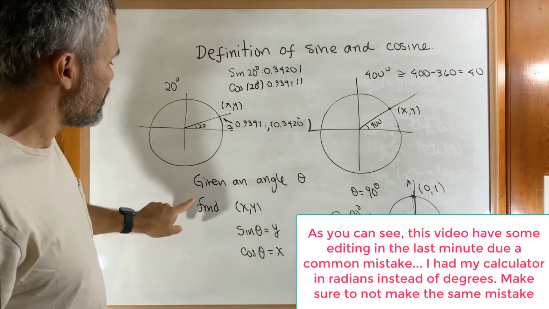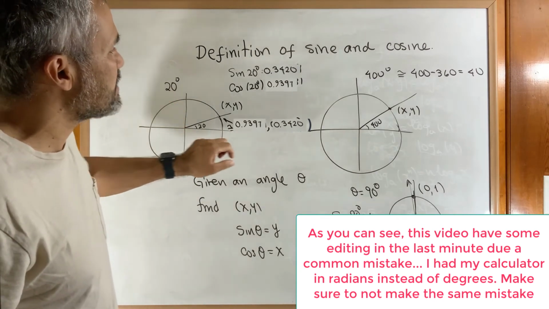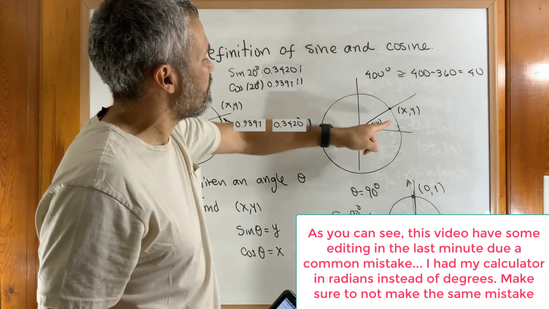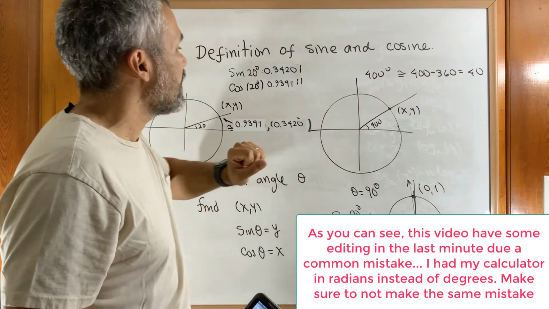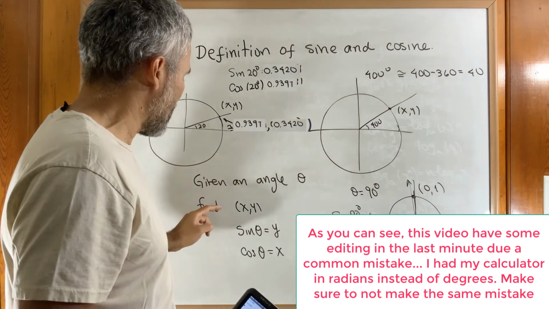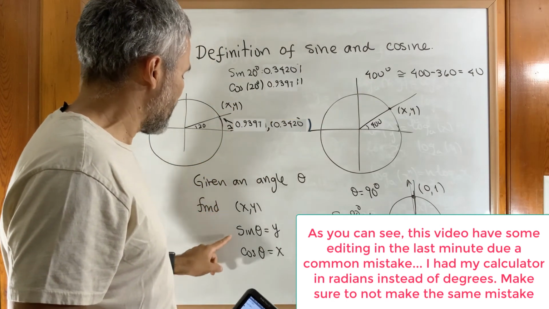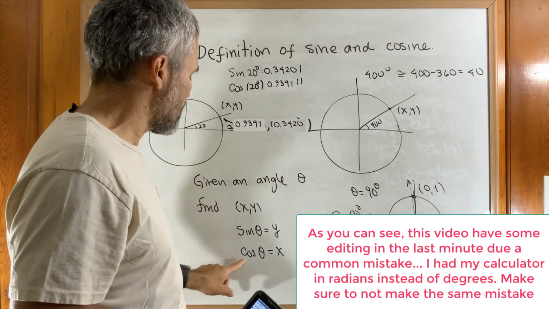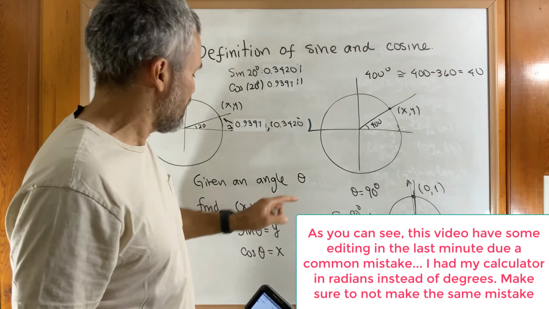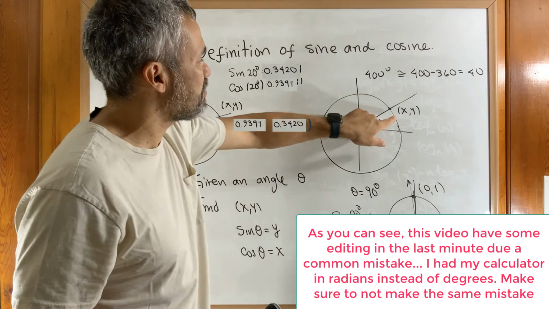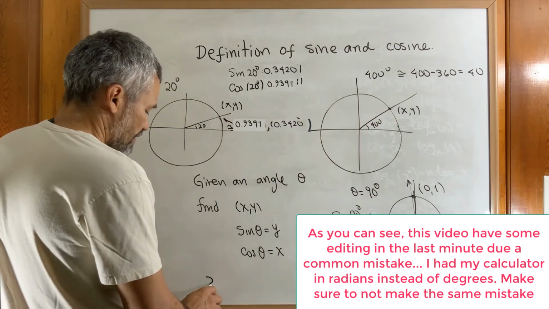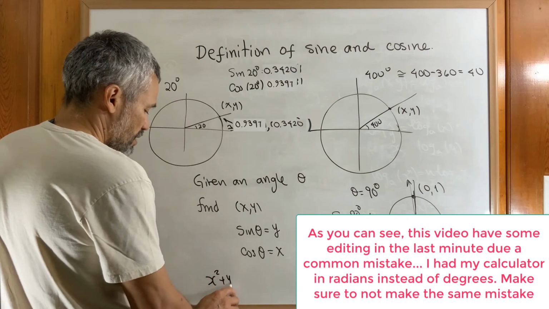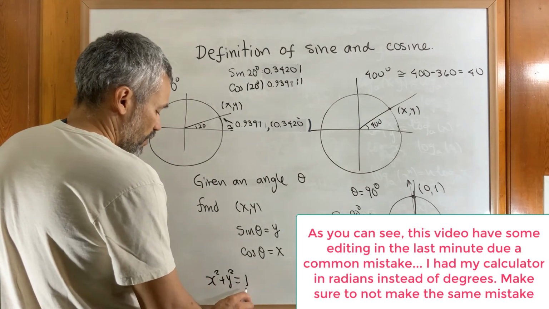And the interpretation for sine and cosine is that for any angle we find the x and y, and once we have the x and y, then we can find sine and cosine, because cosine is the x and sine is the y. Those x and y must be in the unit circle. That means that they must satisfy x squared plus y squared equal 1.